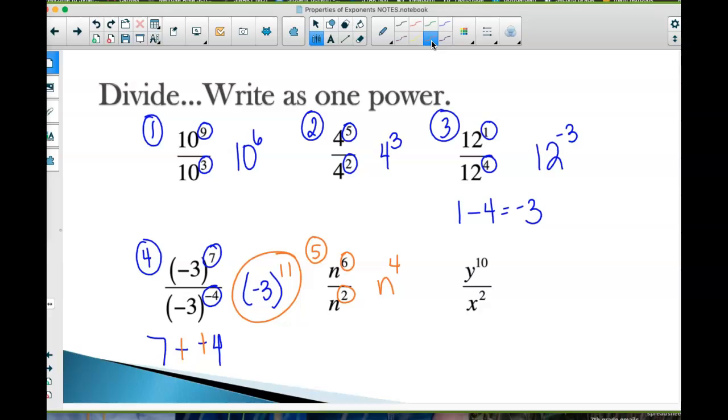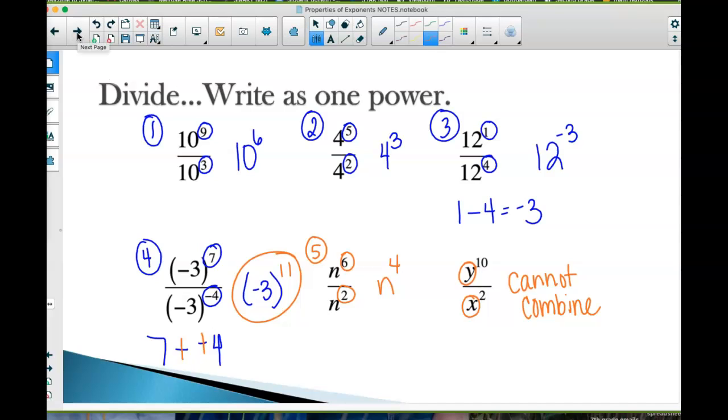The bases are different. We have a y and we have an x. Since they're not the same, we cannot combine. Questions on that rule? So if you're dividing, you subtract the exponents, but the bases have to be the same.